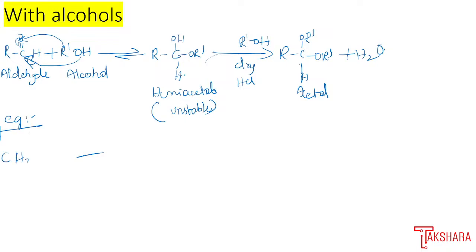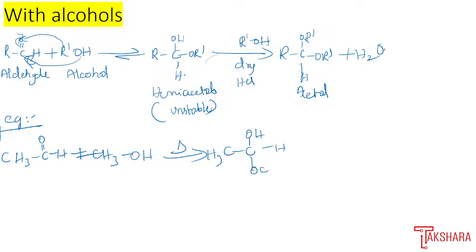Acetaldehyde, CH3CHO. Acetaldehyde undergoes the reaction with CH3OH with heating. So we'll get CH3C, OH, H and OCH3.